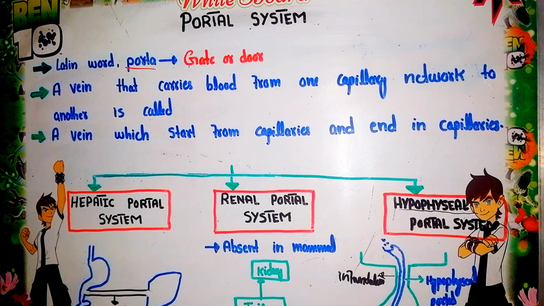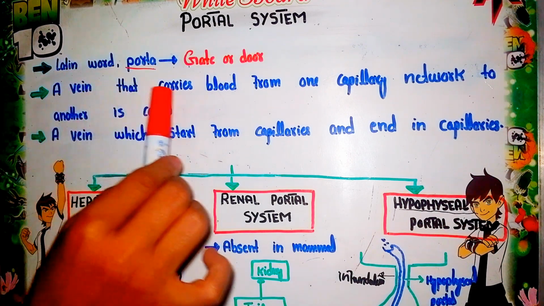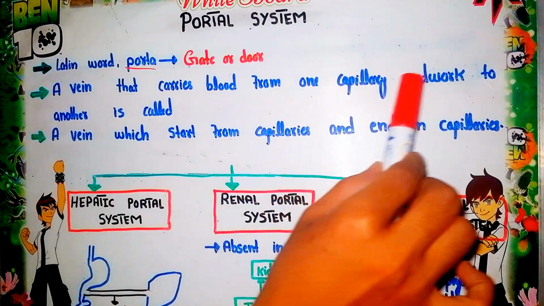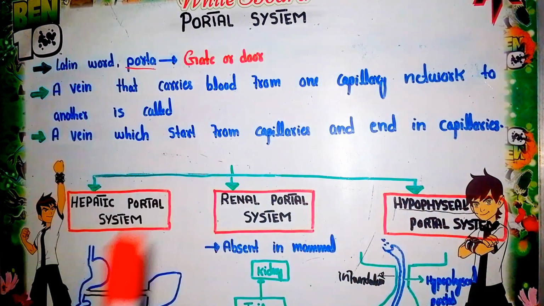Now let's come to the proper definition of the portal system. What is the portal system? It is made by the portal vein. So what is the portal vein? It is a vein that carries blood from one capillary network or bed to another capillary bed or network.